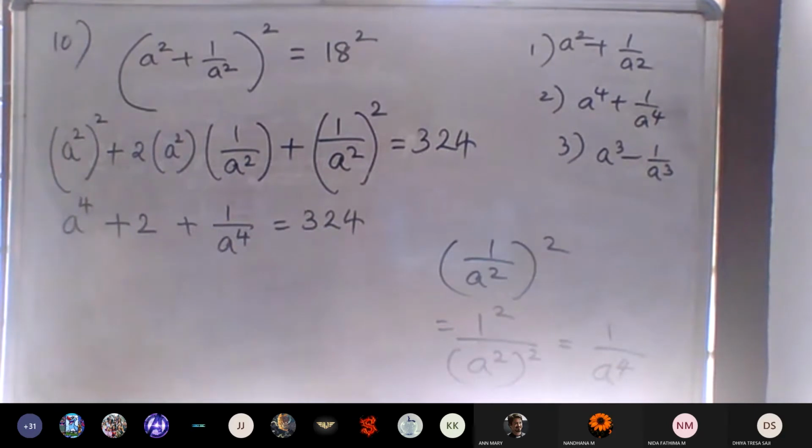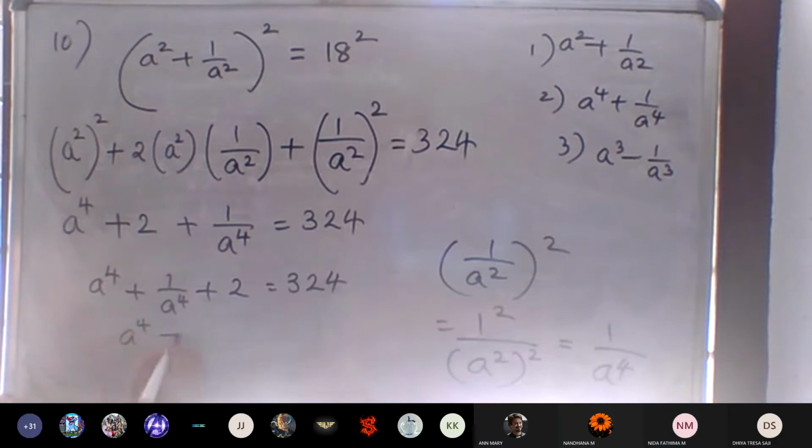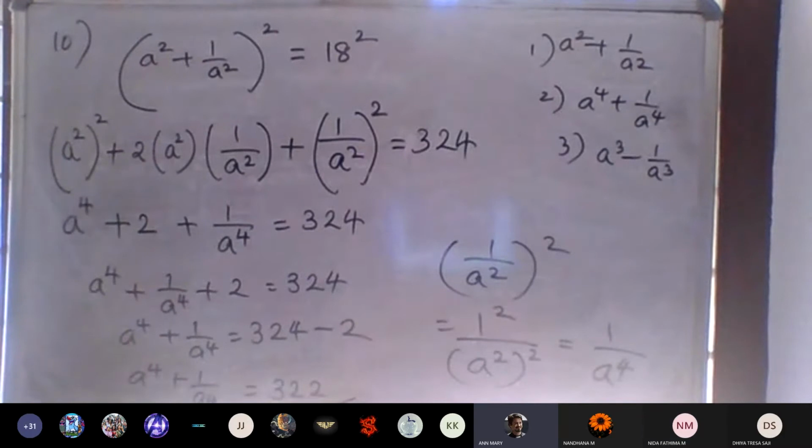What we have to find out is a raised to 4 plus 1 by a raised to 4, which is equal to 324 minus 2, that is 322.